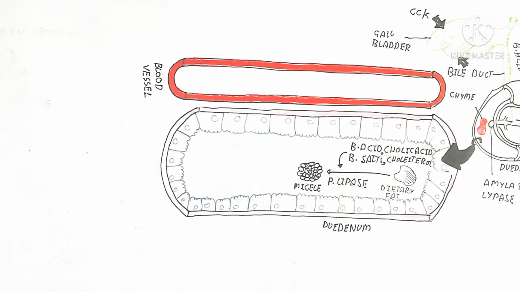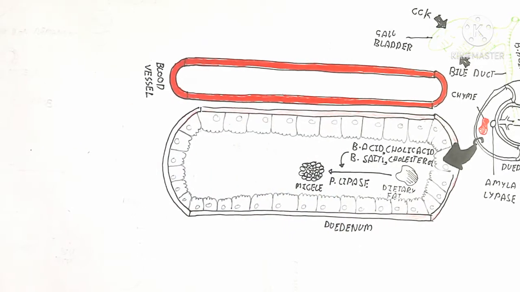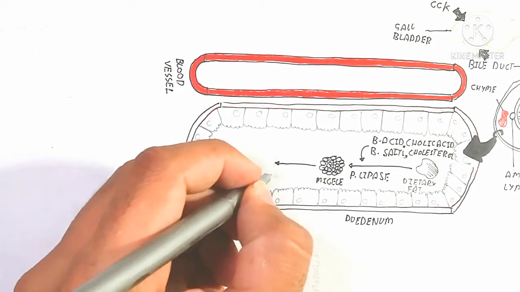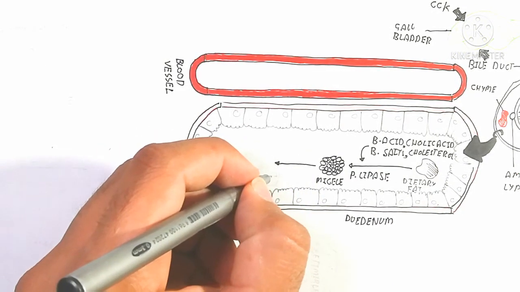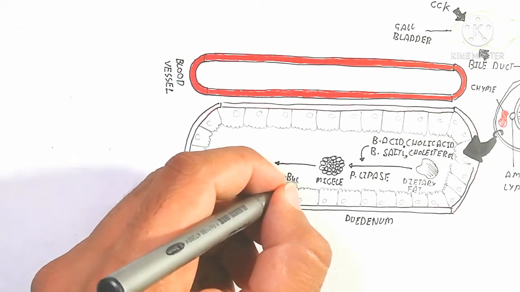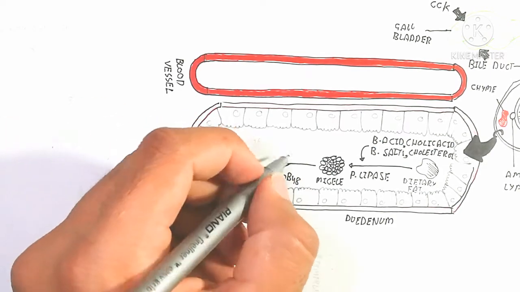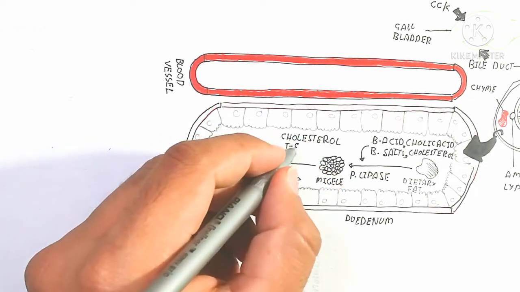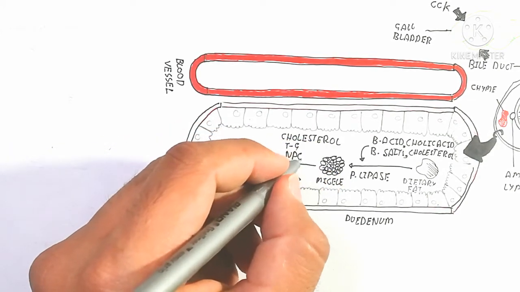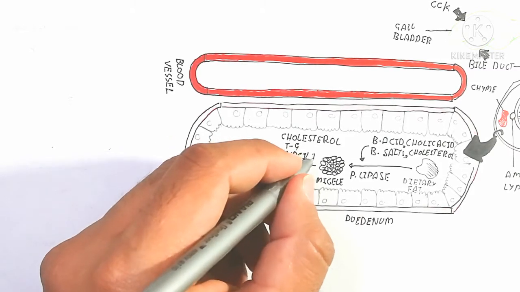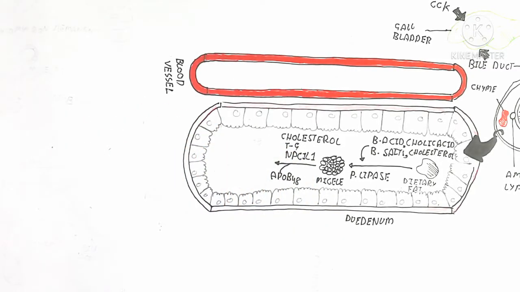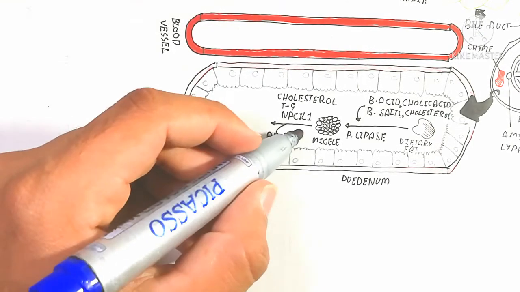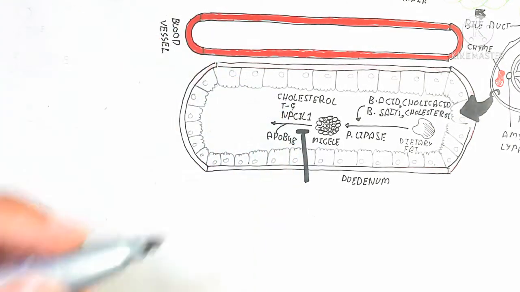Here the micelle is formed, and the micelle goes into the enterocyte. So NPC1L1 is the protein used in converting the micelle into the very low density lipoprotein known as chylomicron, which contains ApoB48.